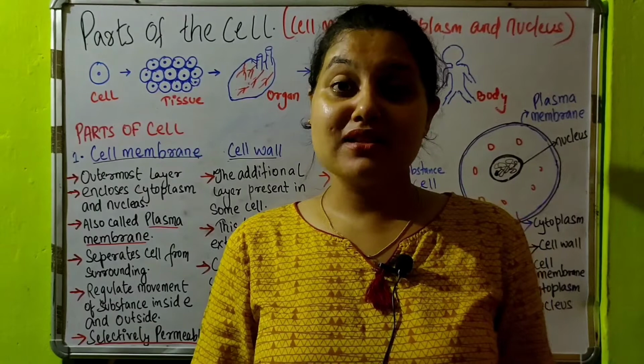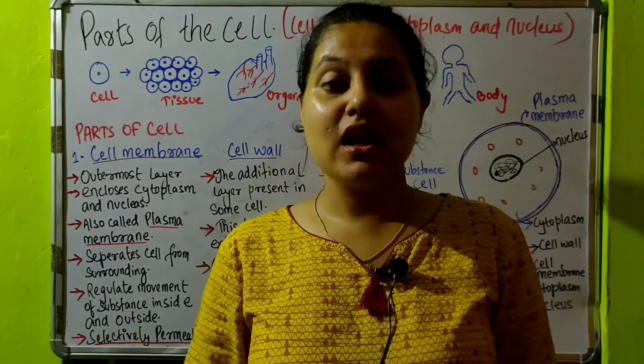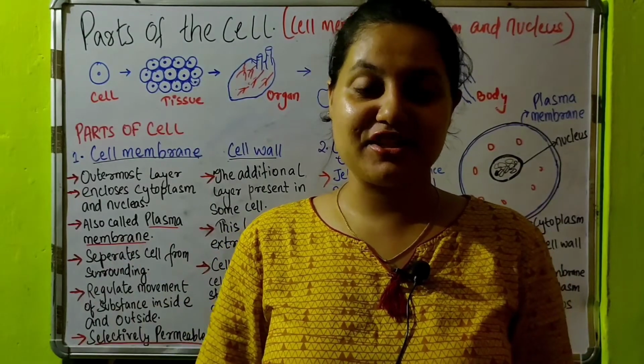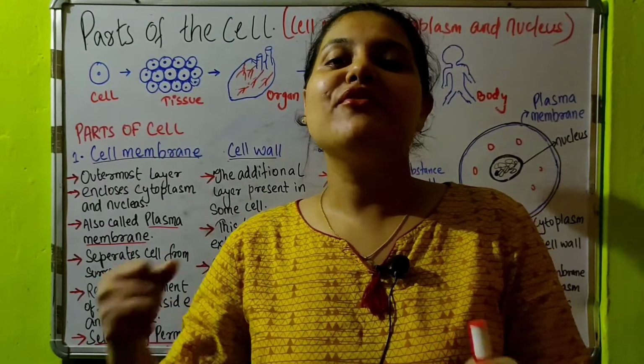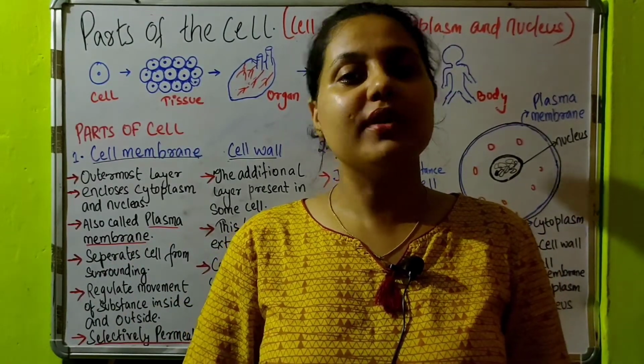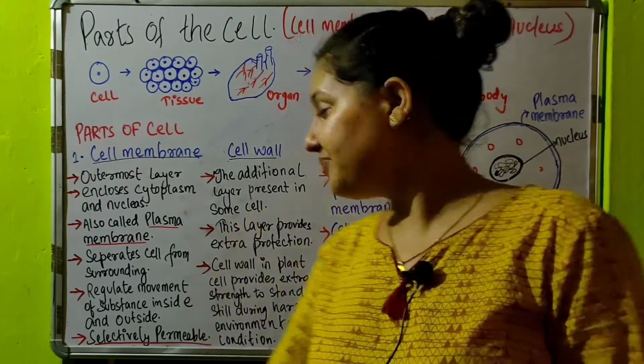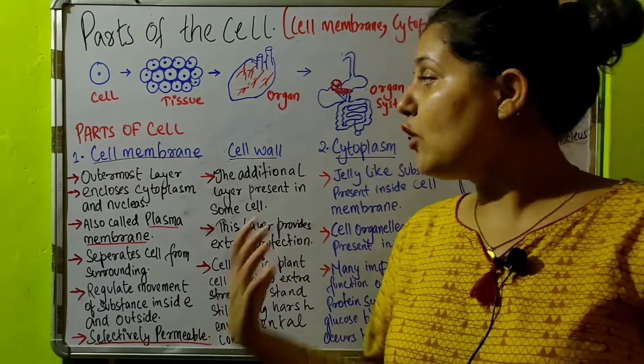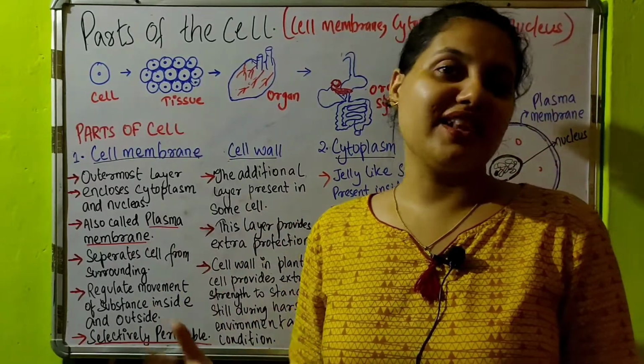That means for the plant cell, cell wall is necessary, and for animal cell to not have cell wall is necessary, because animal want to be flexible, whereas plant want to be strong. All right, in the next part, we'll be coming to the nucleus.